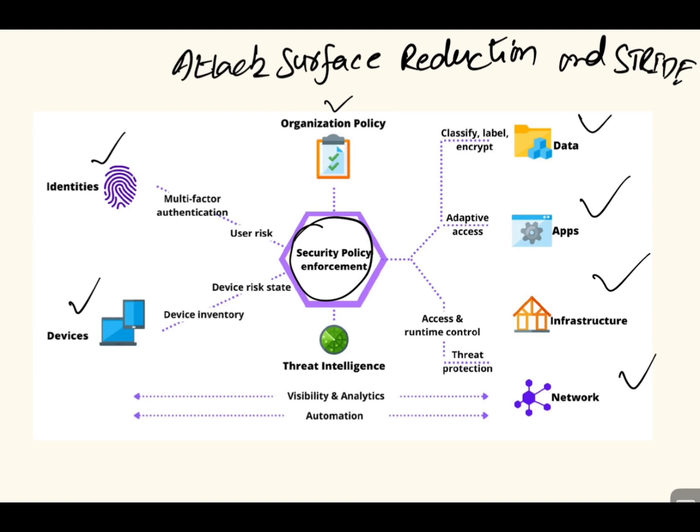Third thing is data. For example, is sensitive data encrypted? Is data properly labeled, right? Apps: are apps controlled securely? Zero trust access. Infrastructure, for example, secure servers, network, VMs, cloud setups, firewalls, network segmentation, access controls.